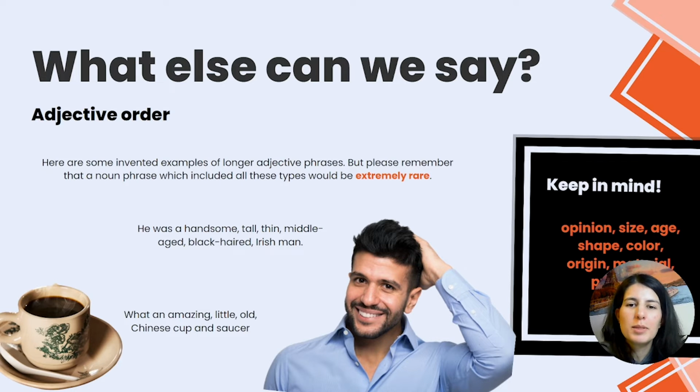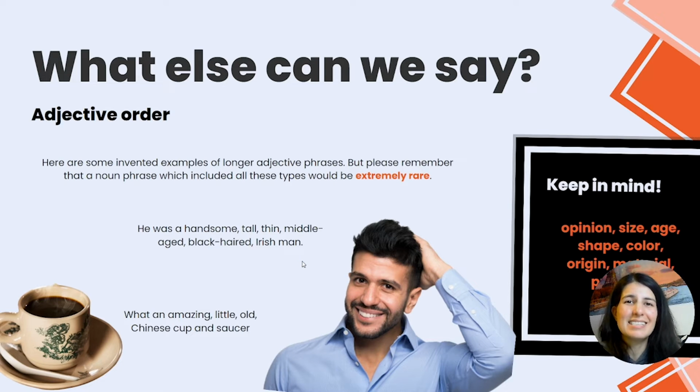And if you keep in mind opinion, size, age, shape, color, origin, material, and purpose in that correct order, you can make amazing sentences, such as, he was a handsome, tall, thin, middle-aged, black-haired Irish man.